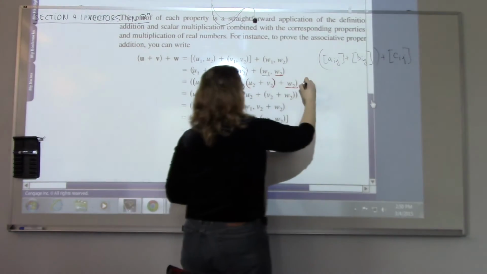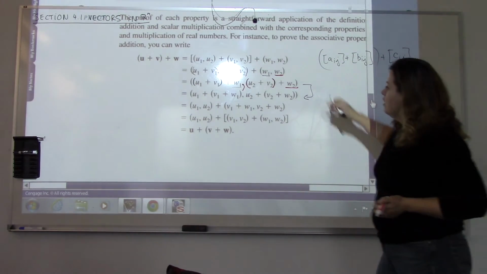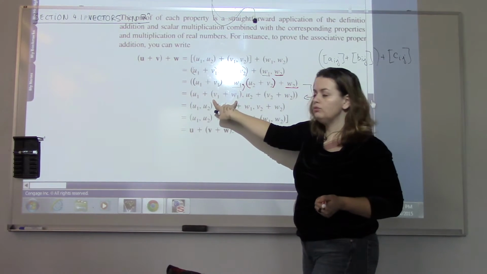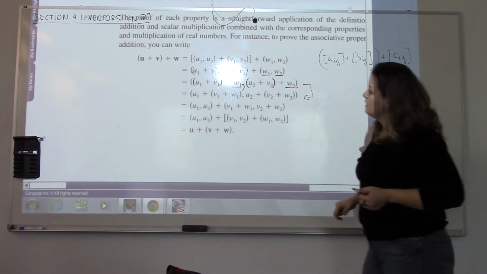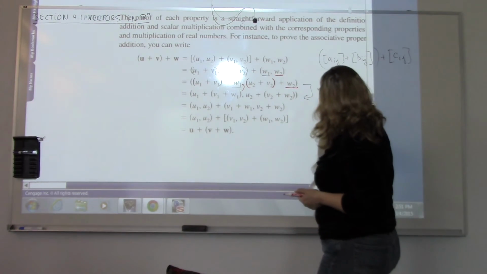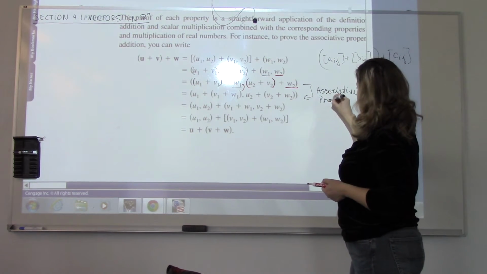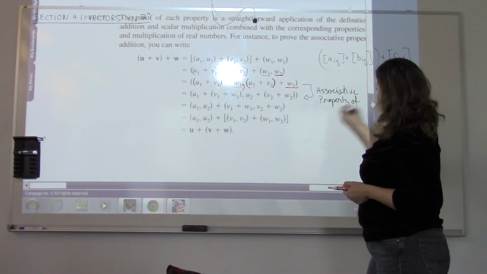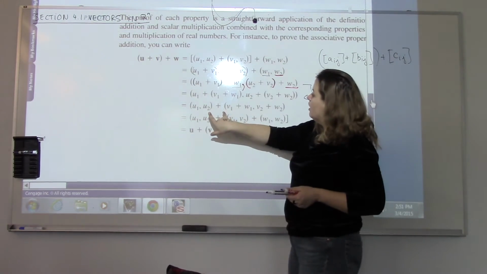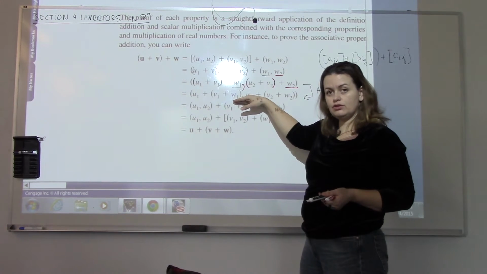At this point, as with matrices, by the associative property of real numbers, we can switch the parentheses around, and we can now put parentheses around v1 plus w1. This is where we used the associative property of real numbers, which we're allowed to assume. Now we go back and apply the definition of vector addition in reverse.